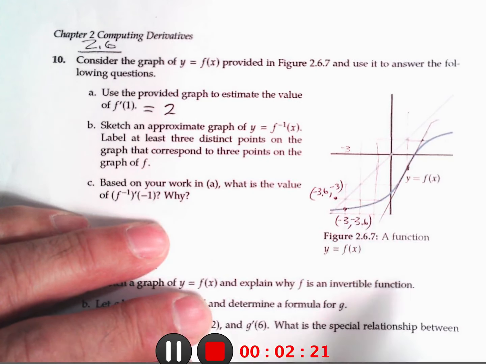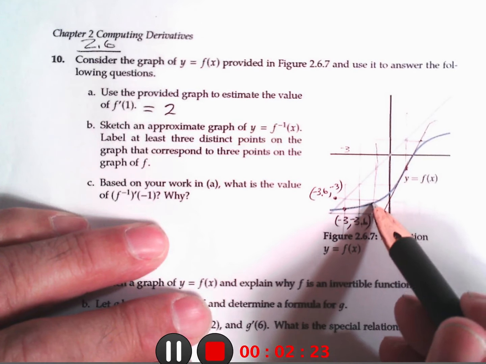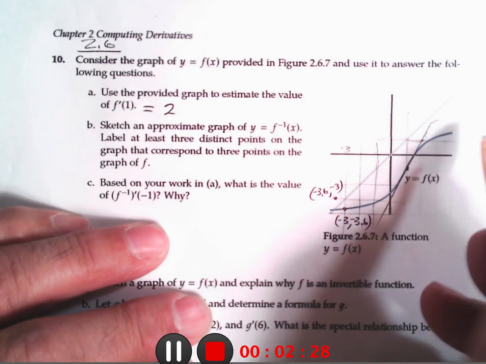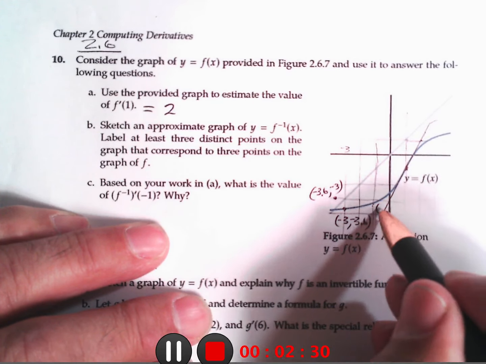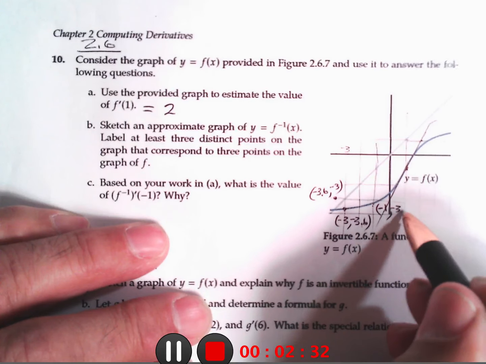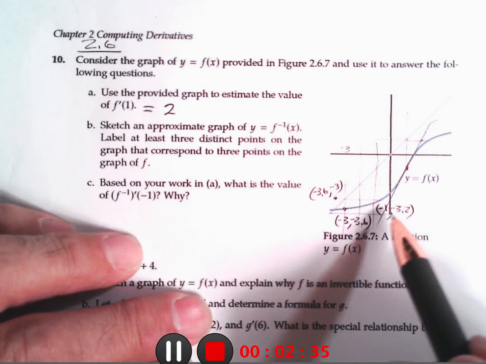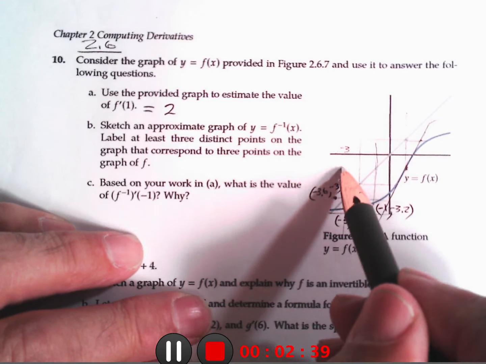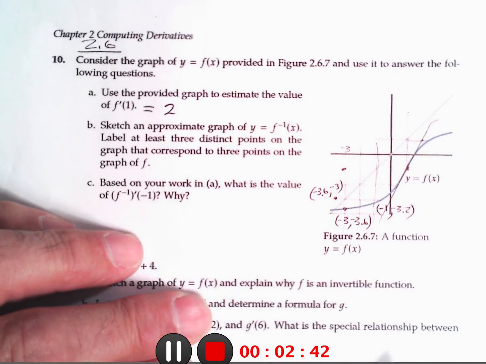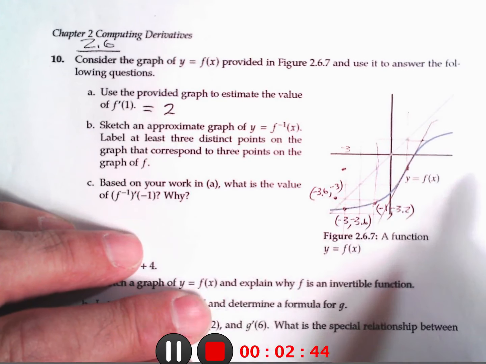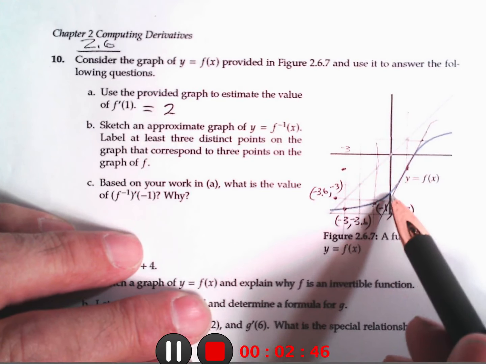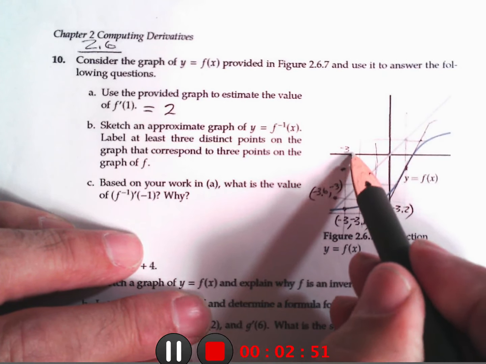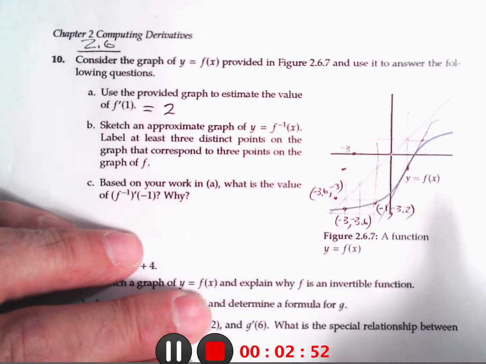And that point should look like it matches right straight across, minus 3.6, minus 3. Let's do this point here. That looks like minus 1, minus 3.2, so its inverse would be minus 3.2, minus 1. This one is 0, minus 2.5, so I'd go minus 2.5, 0. Match that one with that one.